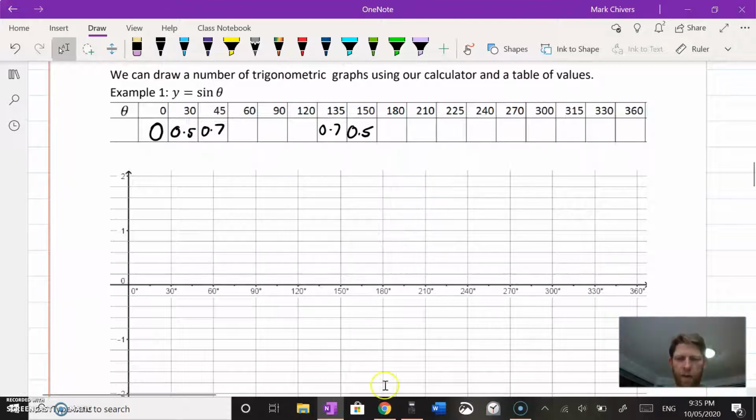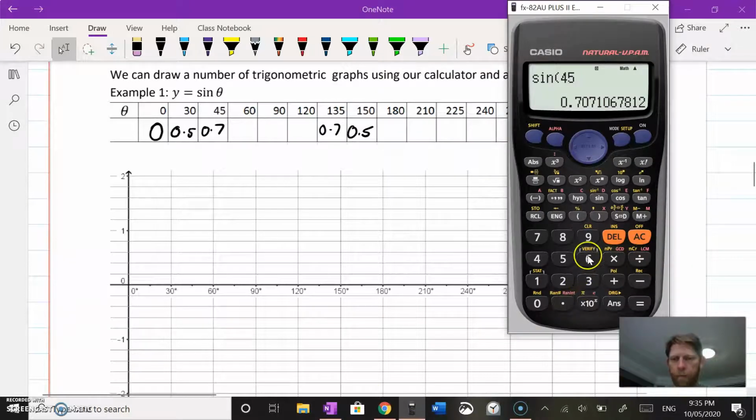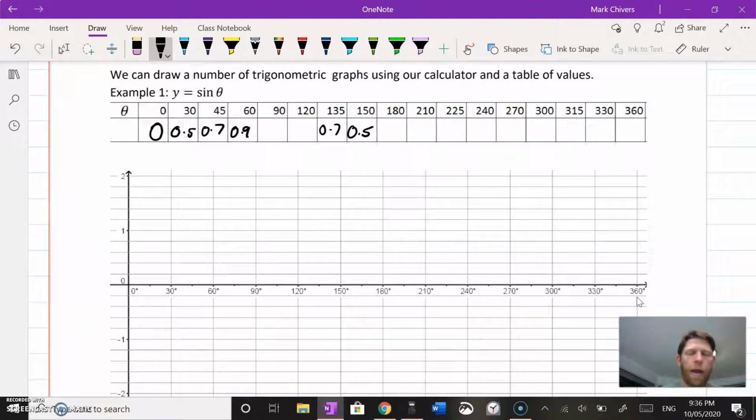And then if we do sine of 60, I'll call that 0.9 in this case. And I know that 60 plus 120 equals 180, so this is going to have the exact same value. And on we go from there.